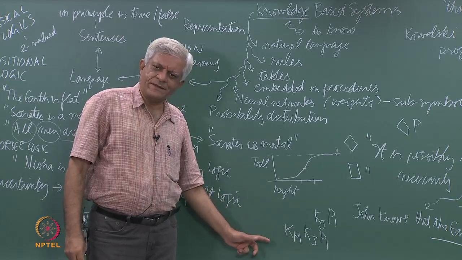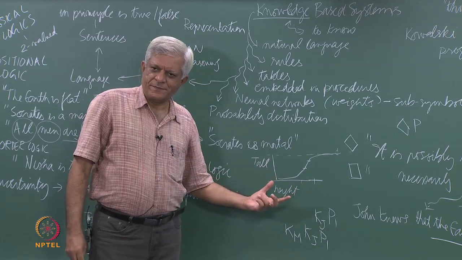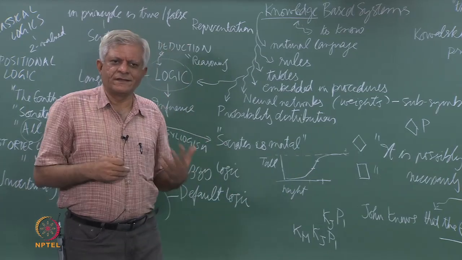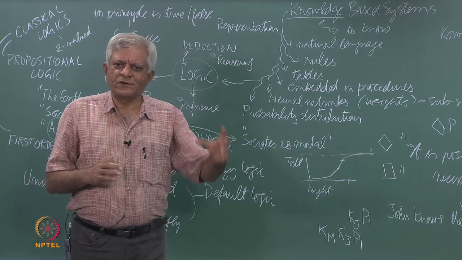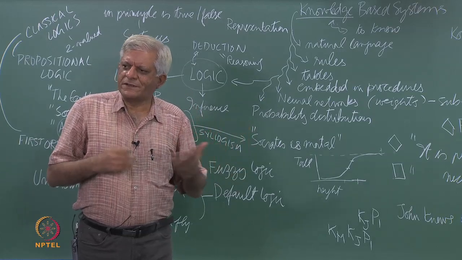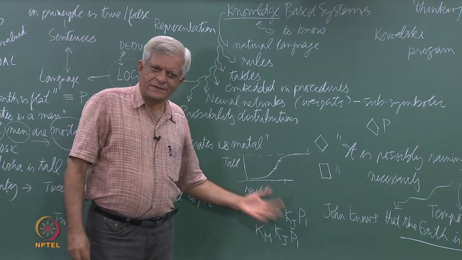What this sentence is saying is that Mary knows that John knows that the earth is round, and of course, you can now have all kinds of things. You can say Mary knows that John does not know that Peter has gone home, all kinds of statements.